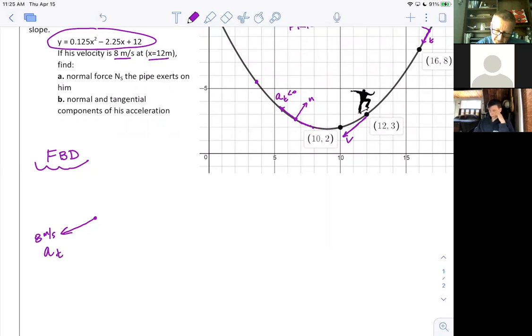And then perpendicular to that would be your acceleration normal. What else is happening to you at that point right there? Would you agree that gravity is always pulling straight down? Maybe I'll even say the force due to gravity. I could say gravity, force due to gravity, doesn't matter. But that's what's so weird about this, is that force will always be straight down, not perpendicular to the ramp or anything like that, just straight down.